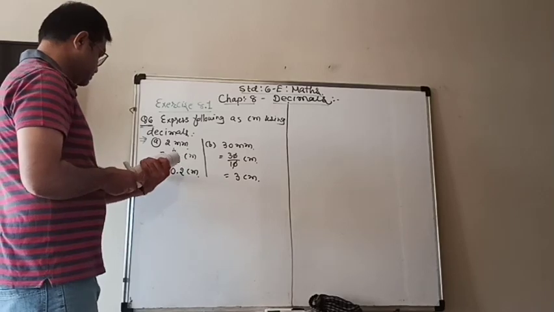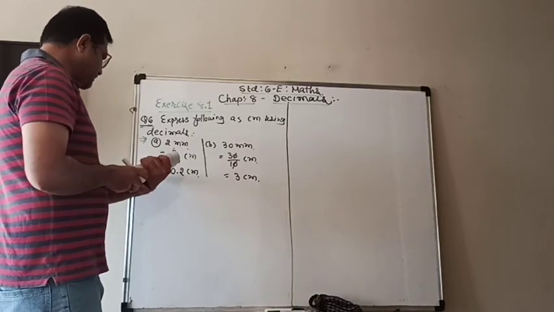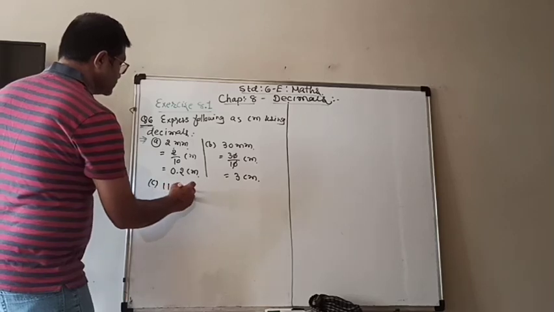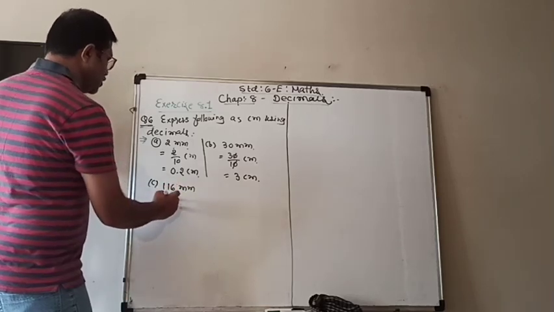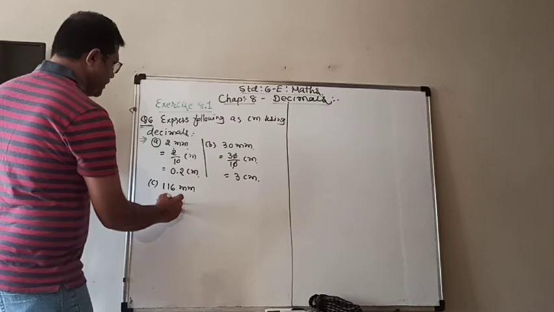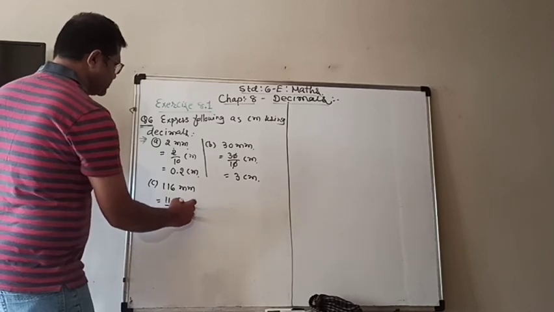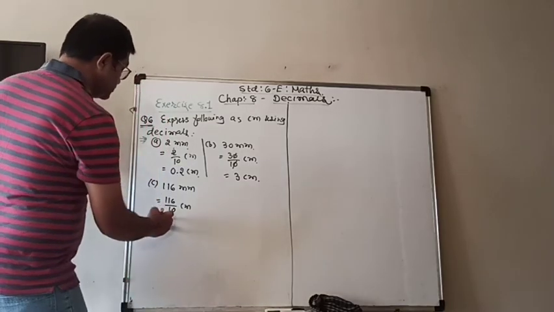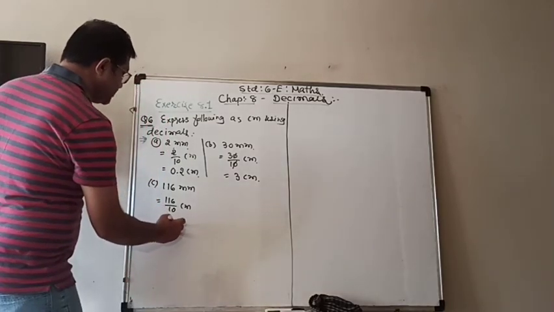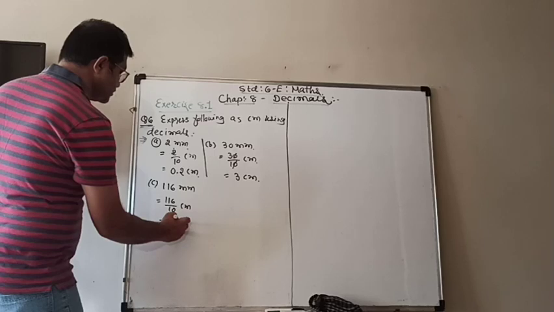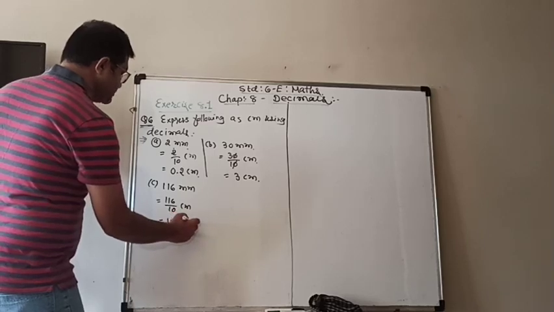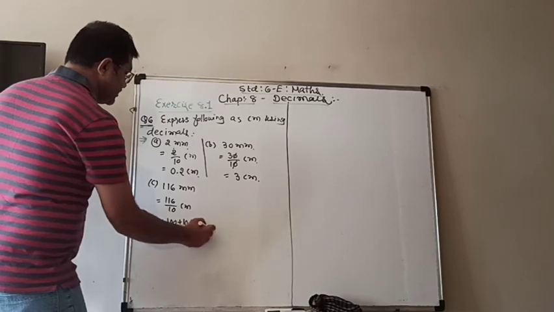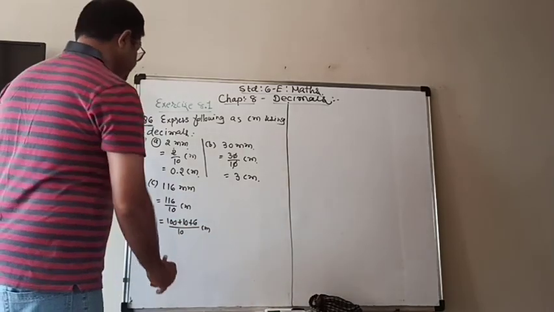Next, it is 116 millimeter. So 116 upon 10 centimeter. Now 116 is 100 plus 10 plus 6. Here we have to separate them.